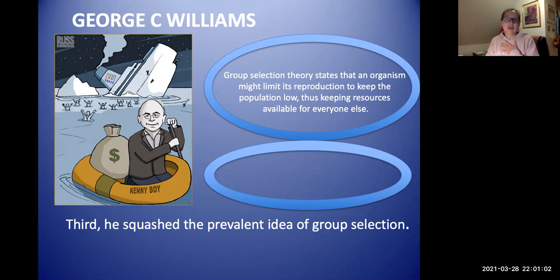Oh, if I have kids, I'll use up the resources and then you can't have kids, so I'll hold back. Okay, no, that's stupid, right? Because evolution is going to say, okay, that one held back on having kids. Well, that one did. So me and my genes and my family are going to be selected against because I didn't get kids into the next generation, right? It's a dumb idea.